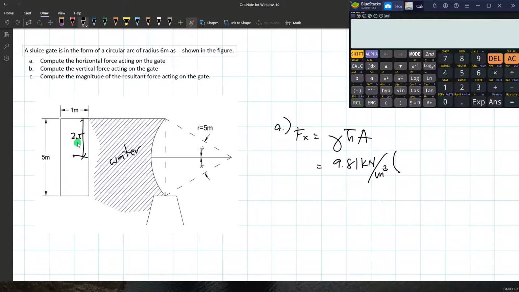So we have a rectangle, one half of the height is 2.5. So 2.5 meters for bar H, and for the area, length times width, 1 by 5.